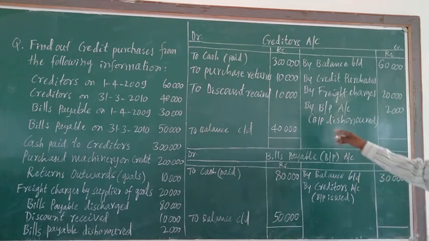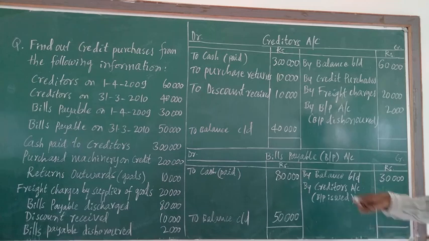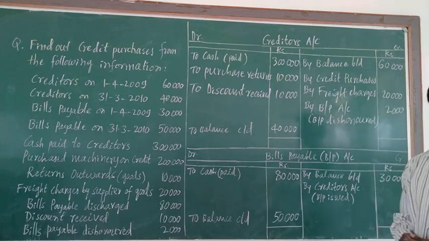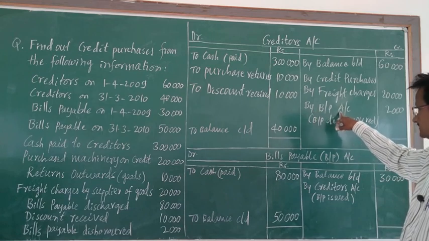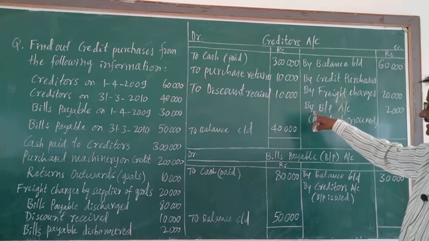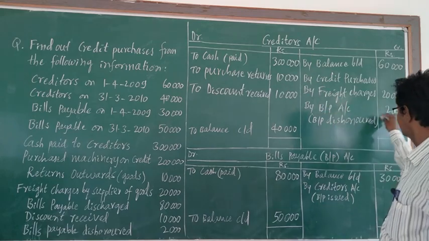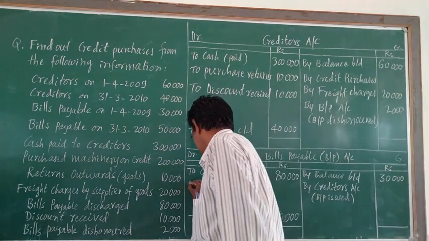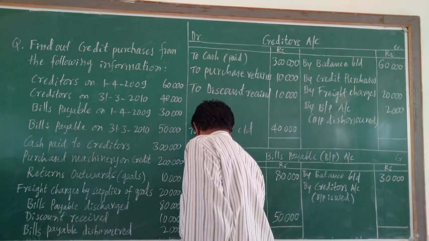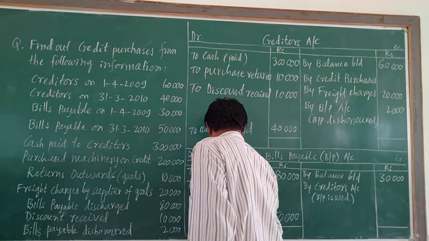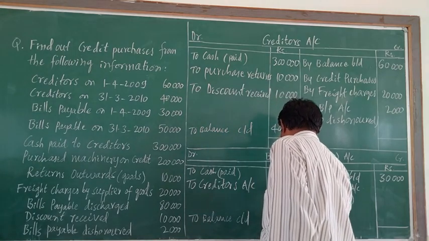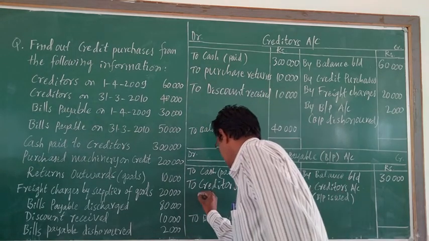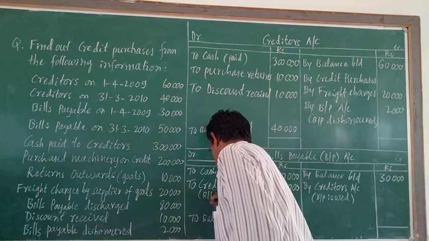We have to make a contra entry for this transaction in the bills payable account also. That means in bills payable account we have to write as to creditors account, 2,000, for bills payable dishonored.